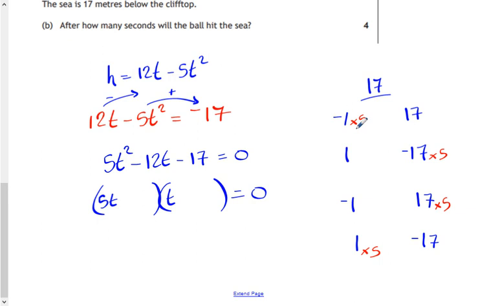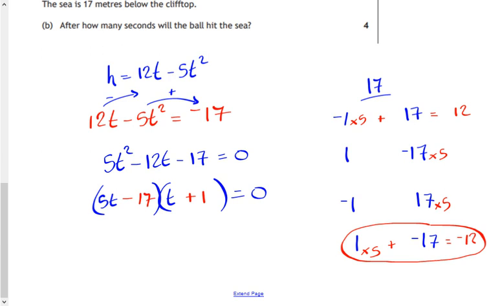So negative 1 times 5 is negative 5 plus 17 is 12. So it's probably going to be the reverse of that. I think that's going to be 5 plus negative 17 is negative 12. So we know it's going to be this one. So we want a positive 1 times by 5, so plus 1, and a negative 17 in here.